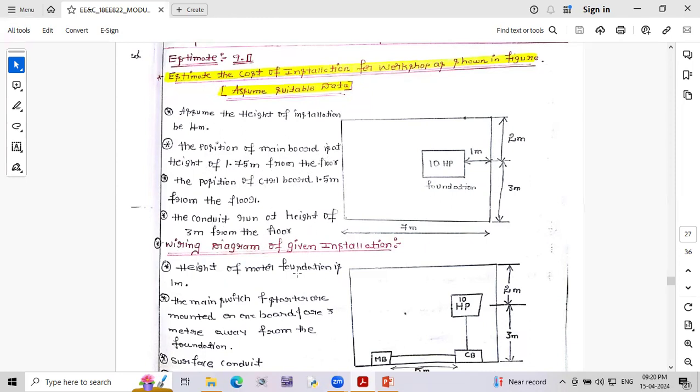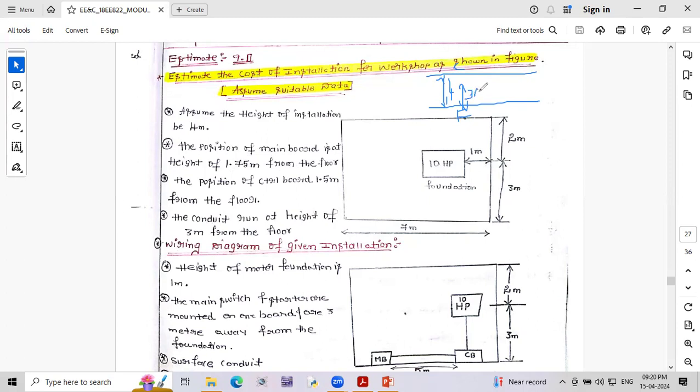Now let's write. This is the floor and this is the ceiling. What is the height of the installation? The height of the installation is 4 meters. Second, the conduit runs at a height of 3 meters.